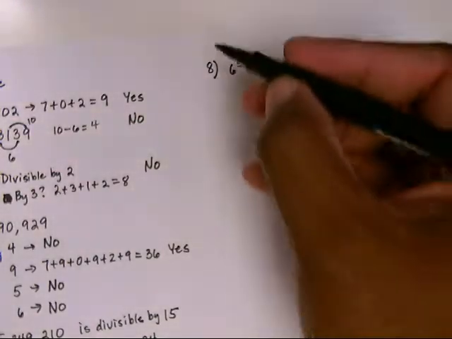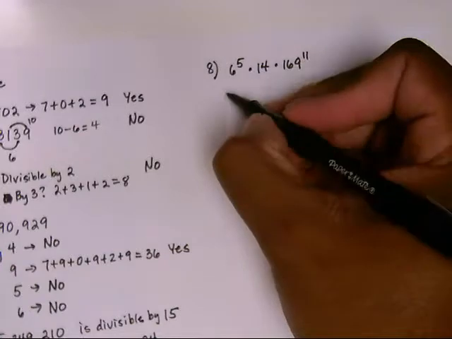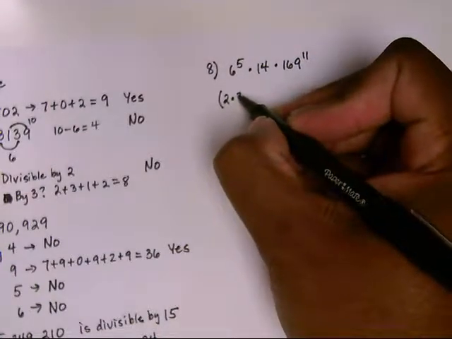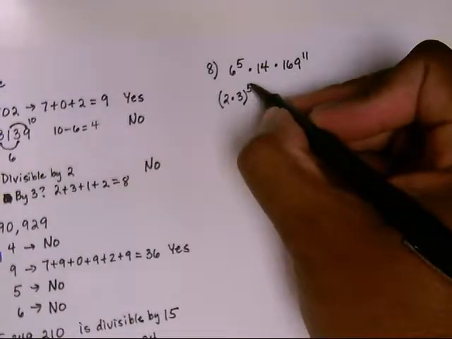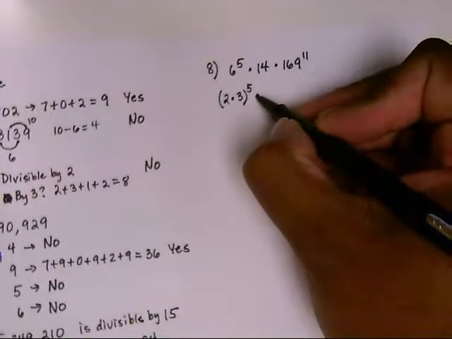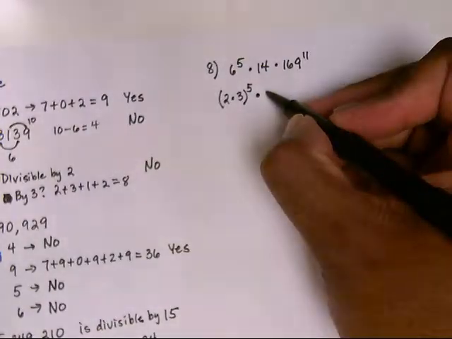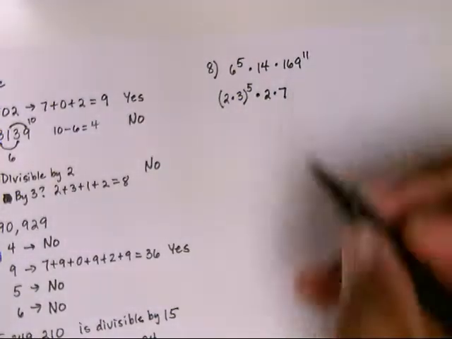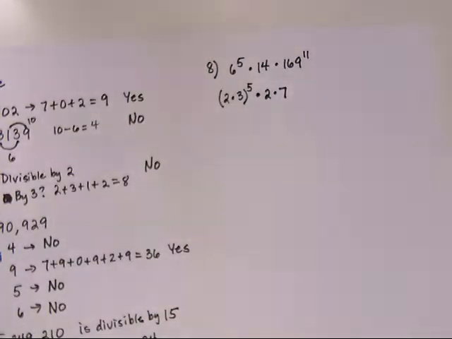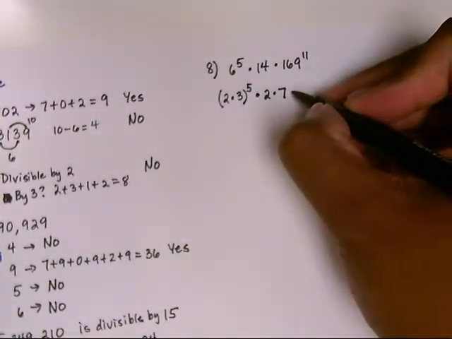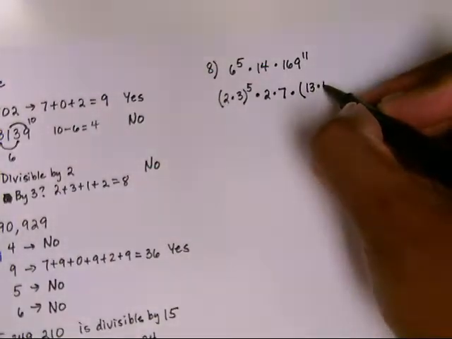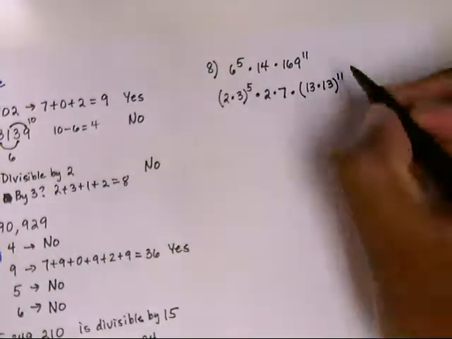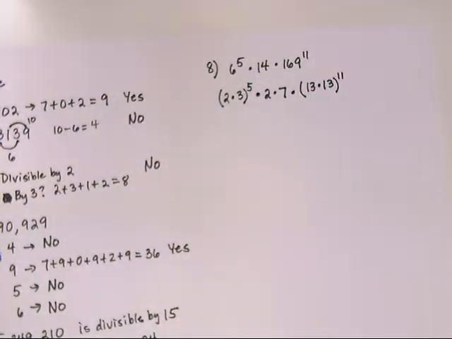Alright, in this case here, I can write 6 as a product of prime factors. In this case, 2 times 3. And then I have to bring over the exponent of 5 because that product is raised to the 5th power. That 14, I can break that up as a product of prime numbers, 2 and 7. So 14 will be 2 times 7 times 169 is 13 times 13, and that product will be raised to the 11th power.